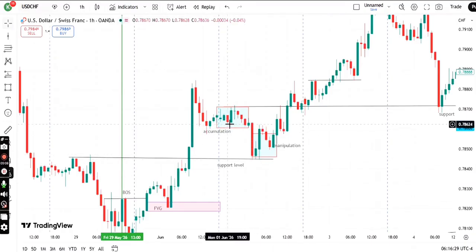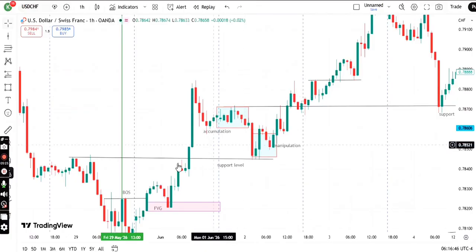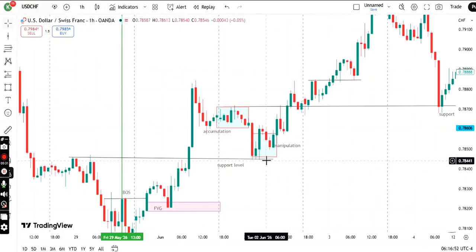That is exactly why I took this trade too on Tuesday, because that is my expectation. Because I'm expecting a bullish candle, I will wait for the accumulation and then the manipulation, then I join the distribution of the candle. So this Friday high will turn to a support level for the market to return into, and then I should join it.